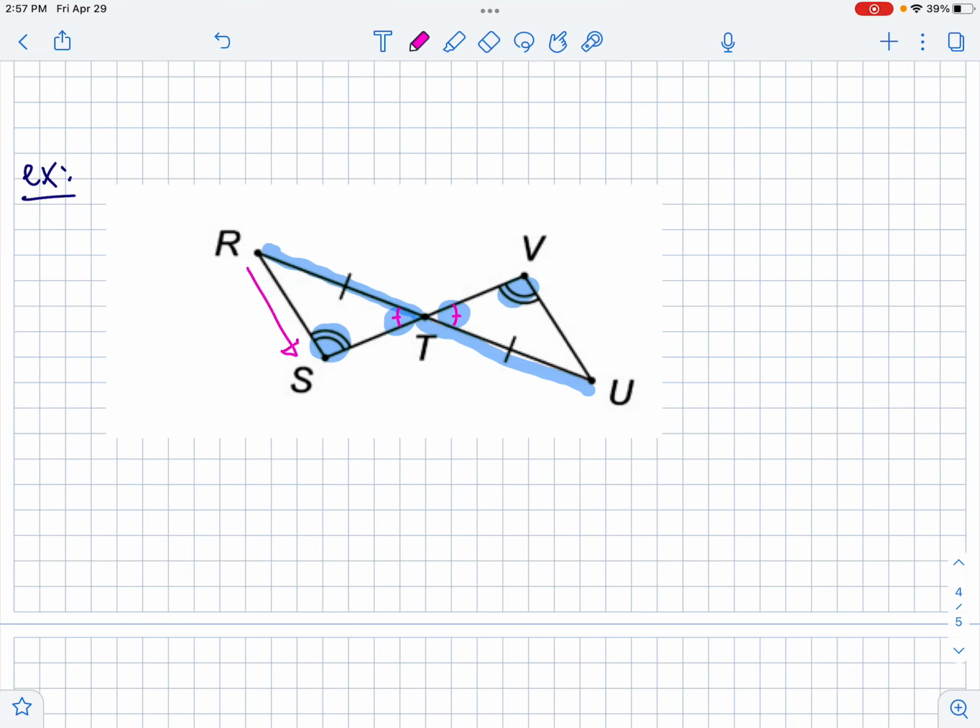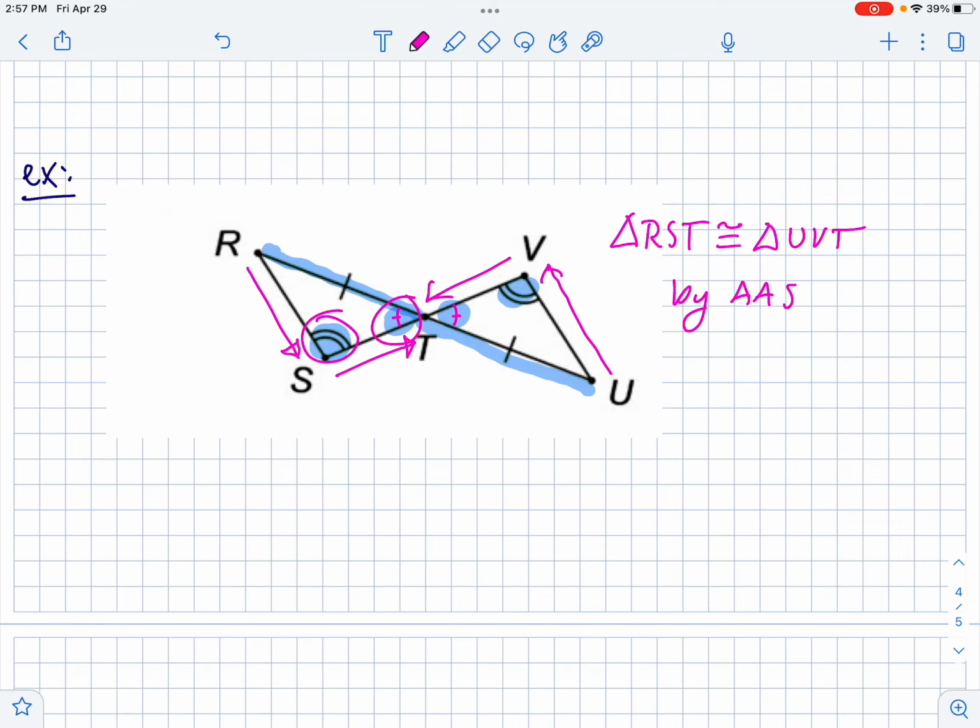I'm going to go R to S to T, which is the same thing as U to V to T. So triangle RST is congruent to triangle UVT. And the reason is angle, angle, side. Because it's angle, angle, and a side.